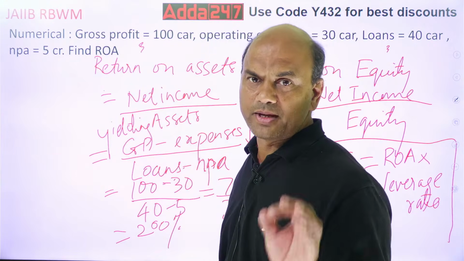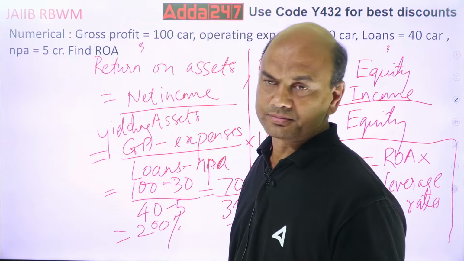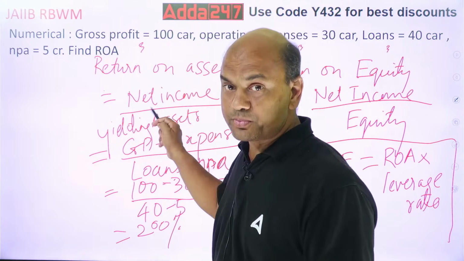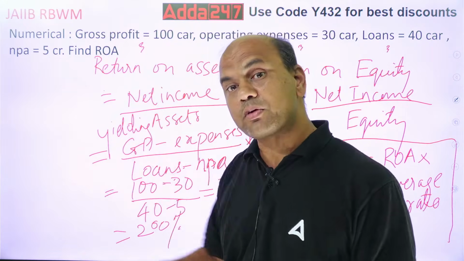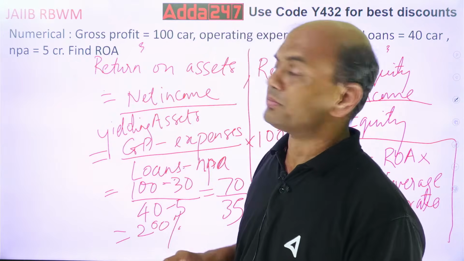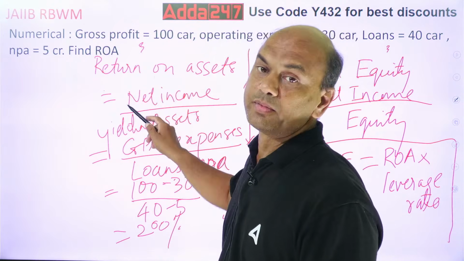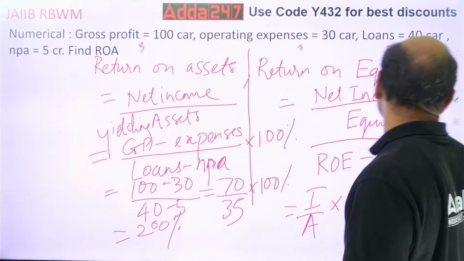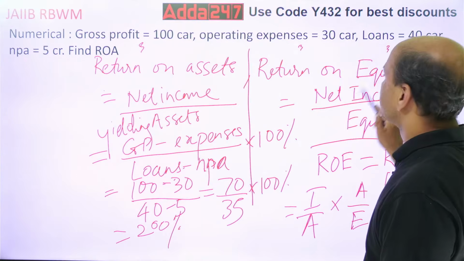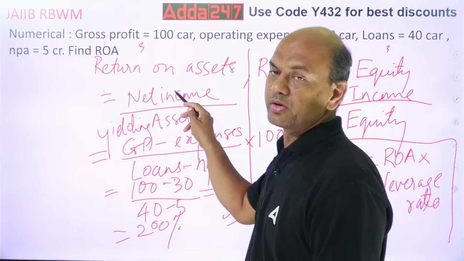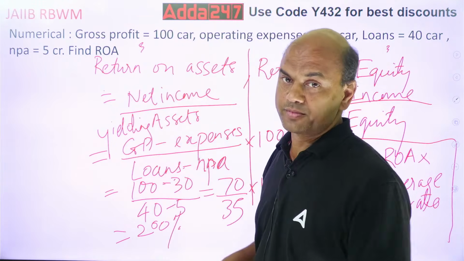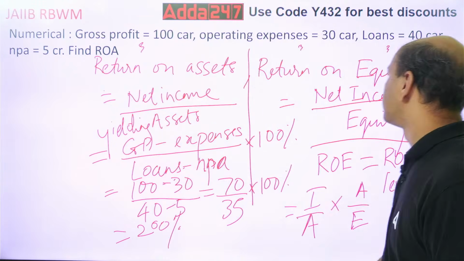If NPA is given, you have to subtract it. If gross profit is given, you have to come to net profit. Net income means net profit, not gross profit. Pay attention to the words.